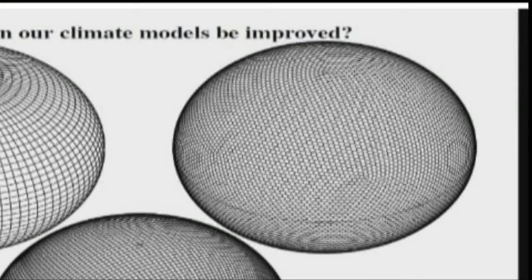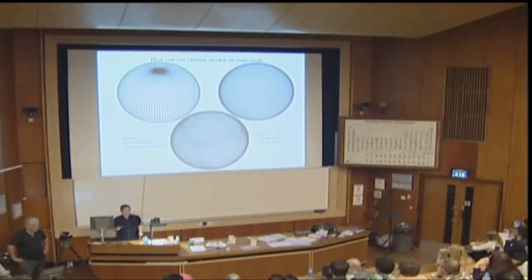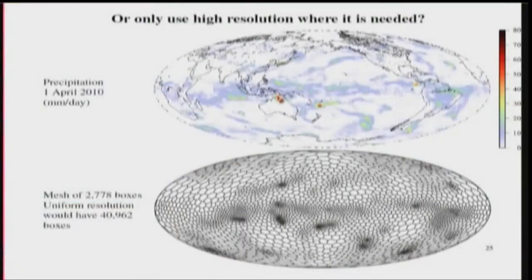So some new climate models in the States are being built using a hexagonal icosahedron. But there are problems. It's not clearly the best solution. And the best climate models still all use a lat-long grid, but it can't continue. Another option that I have done some work on in the past, but not so recently, is to use a non-uniform grid.